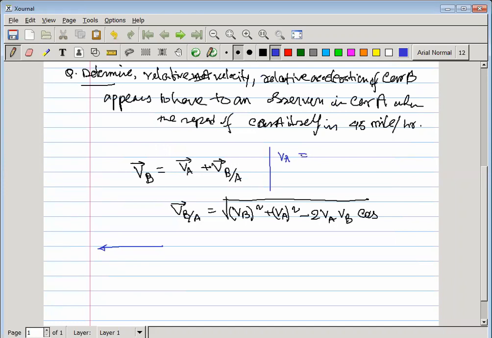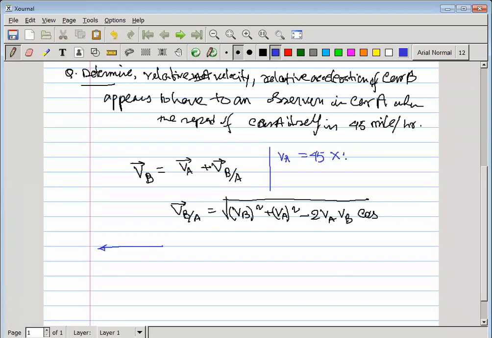So VA, the magnitude, is 45 into, this is miles per hour, so we have to convert it into feet per second. Like in the previous lecture I told you, where kilometers per hour is given we convert it into meters per second, similarly here miles per hour is given, so we convert it into feet per second.